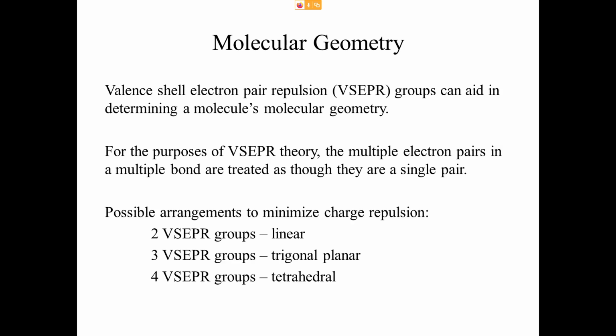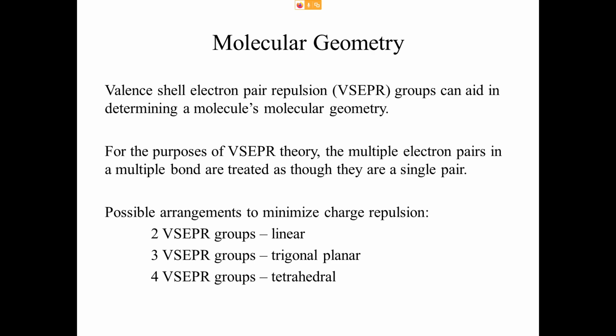Okay, so the first term I want to go over is what's called VSEPR groups. And VSEPR is just an acronym that stands for valence shell electron pair repulsion. I don't care if you remember that or not, but an easier way to think about it is, from a central atom's point of view, how many groups of electrons exist that are attached to it.